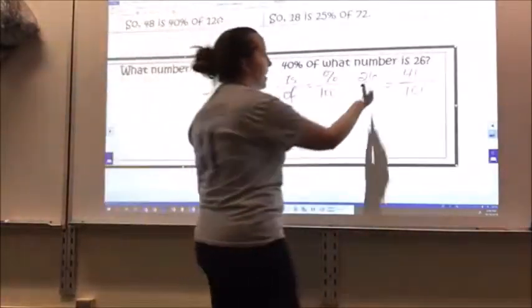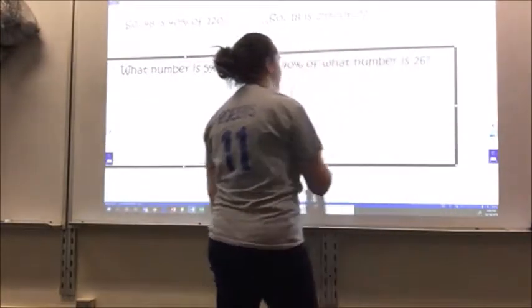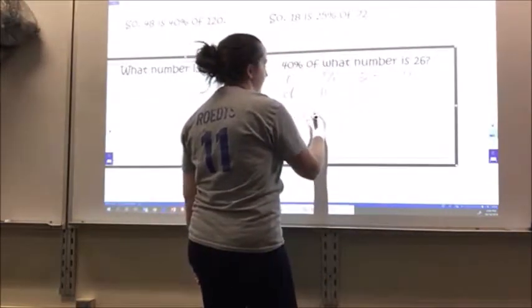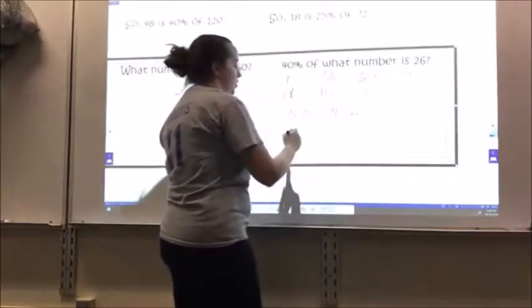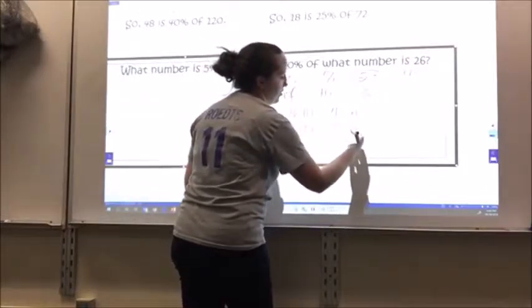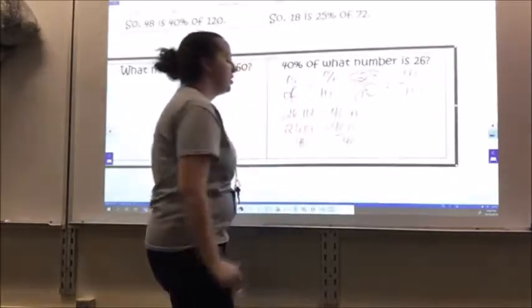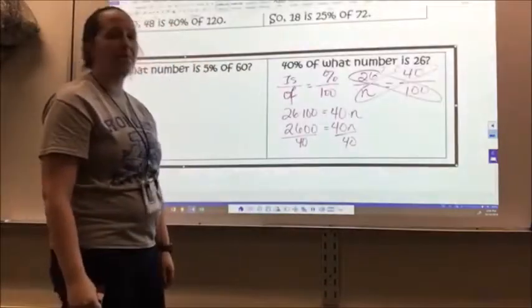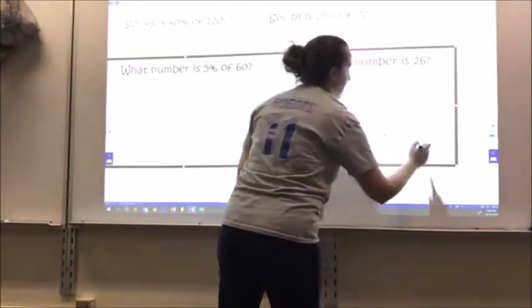Again, I multiply by the butterfly. I get 26 times 100 equals 40 times n. So 2,600 equals 40n. Then I divide both sides by 40. 2,600 divided by 40 equals 65. So n equals 65.